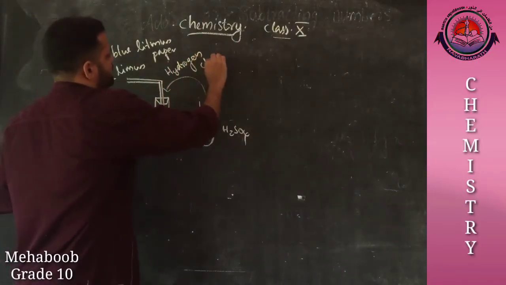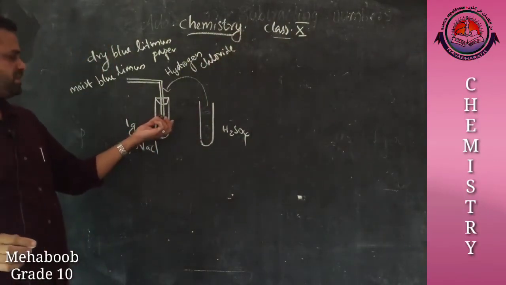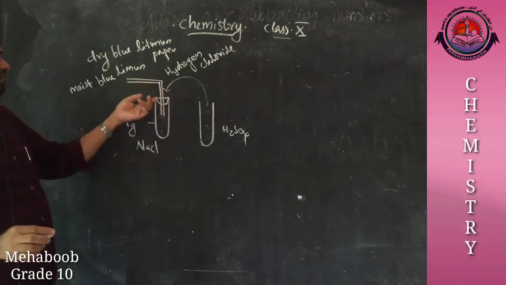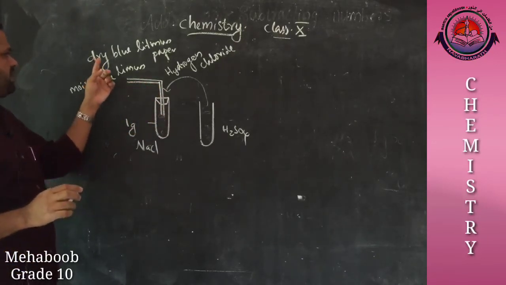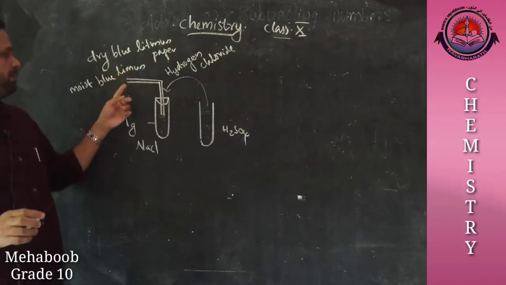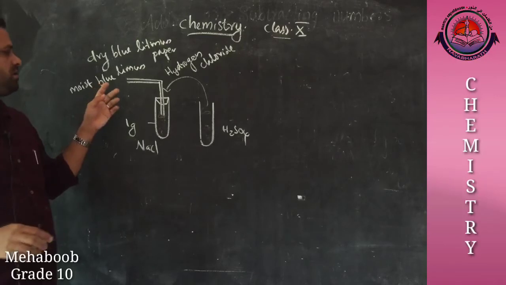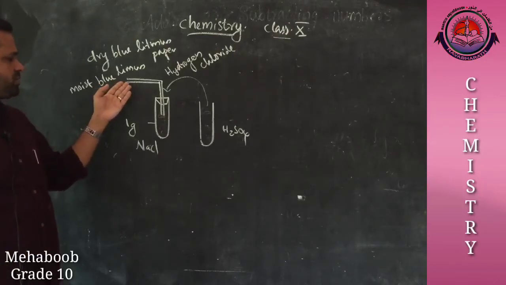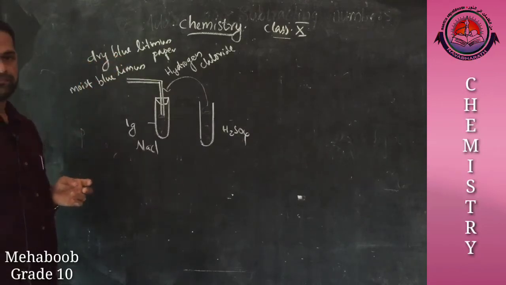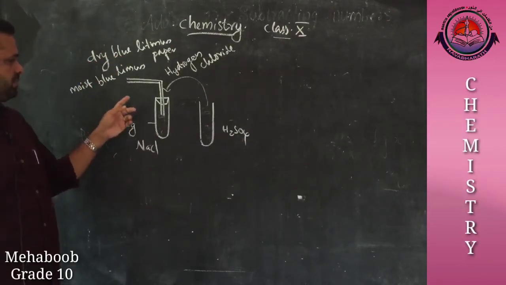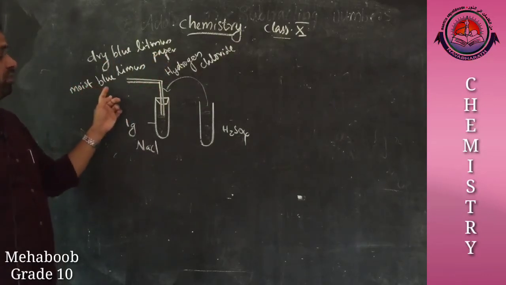Hydrogen chloride gas is evolving from this mixture, and when it is passing through this delivery tube, you place a dry blue litmus paper near the mouth of the delivery tube, and you observe any changes happening in the dry blue litmus paper. The same experiment is repeated with a moist blue litmus paper instead of the dry one.